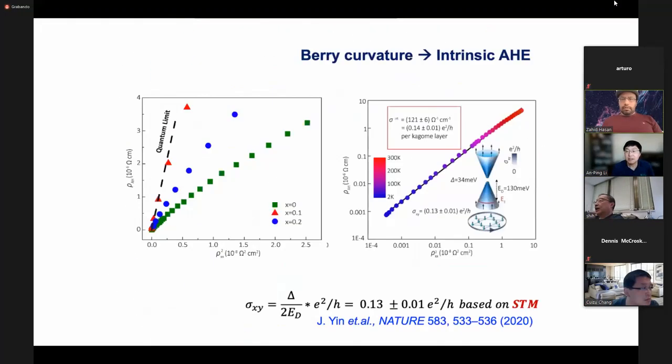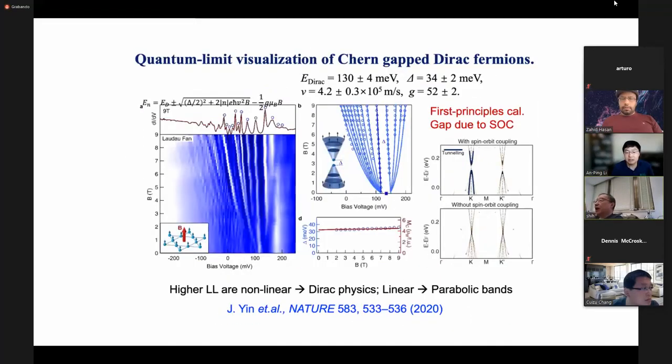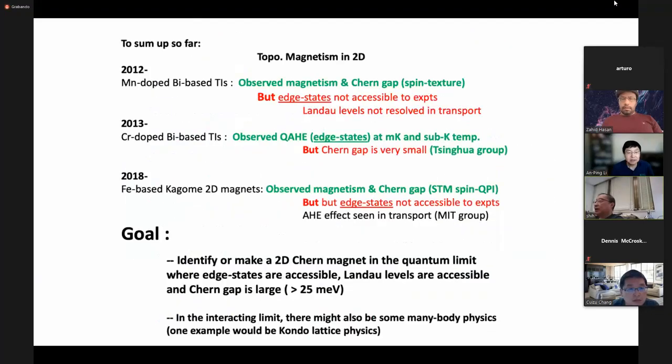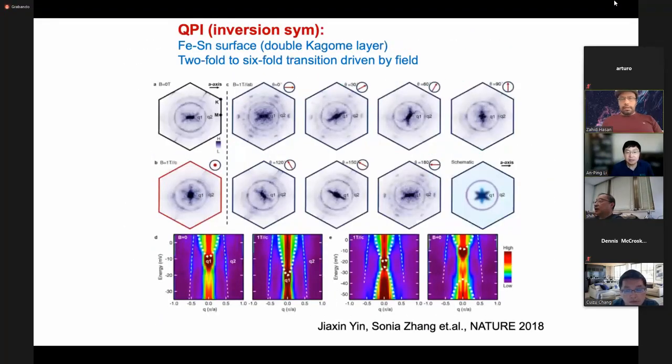Which one? The one a couple back. Let's see. Yes, it is in the parallel direction. And then you showed it up to 9 Tesla. Yes. Oh, okay. Well, the vector field reached 9 Tesla.